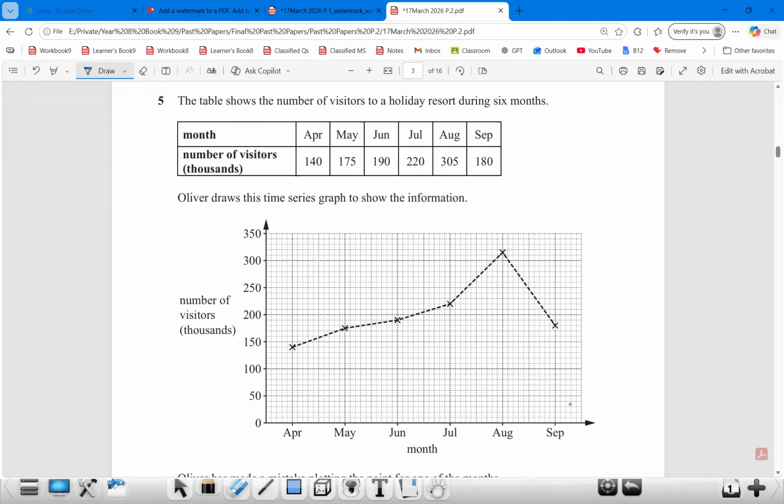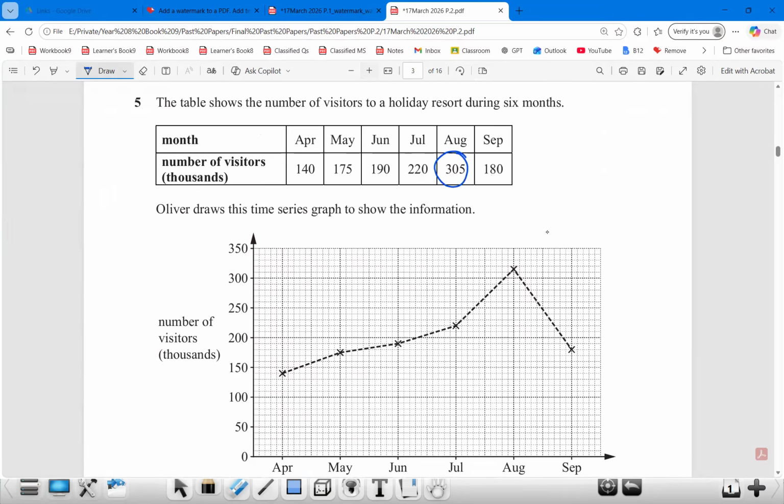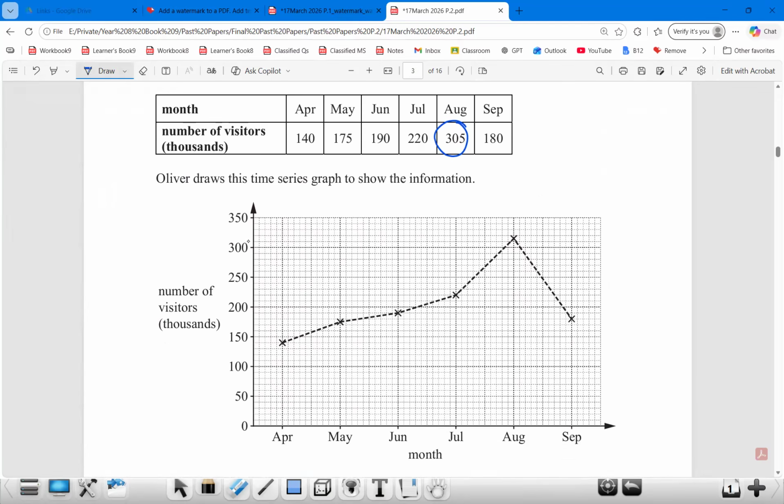He made a mistake over here. You're going to find that the mistake he made is August, because August is 305. Okay, mister, I see that you went right up on top of 300. Yes, but it's not 305 because we know that each small square is a 10, right? So this is 310, 320, 330, 340, 350.